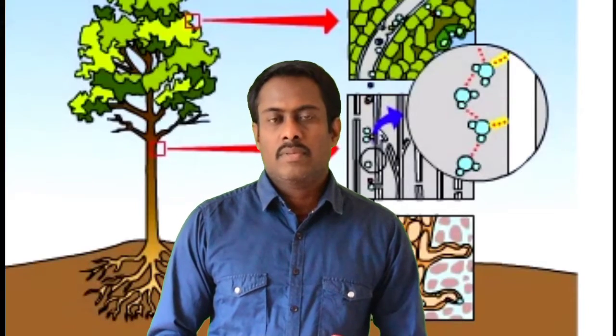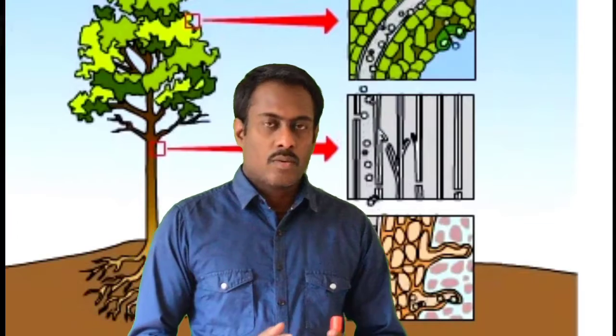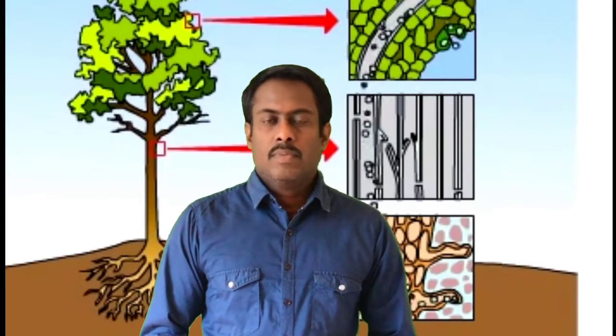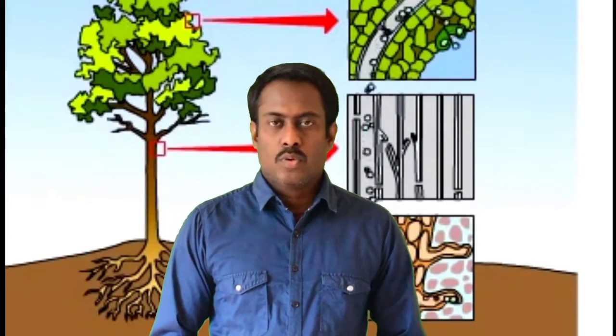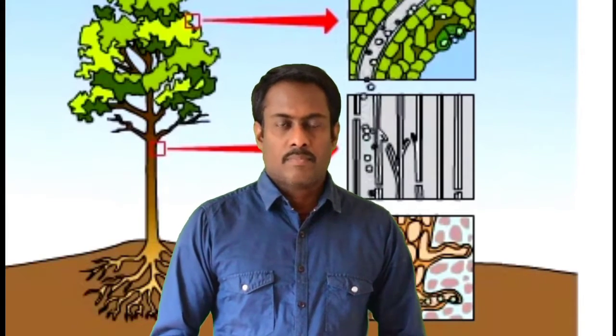Materials from the soil can be very easily absorbed by the parts of the plant which are in contact with the soil, and the simple process of diffusion can absorb these minerals and water from the soil into the plant.